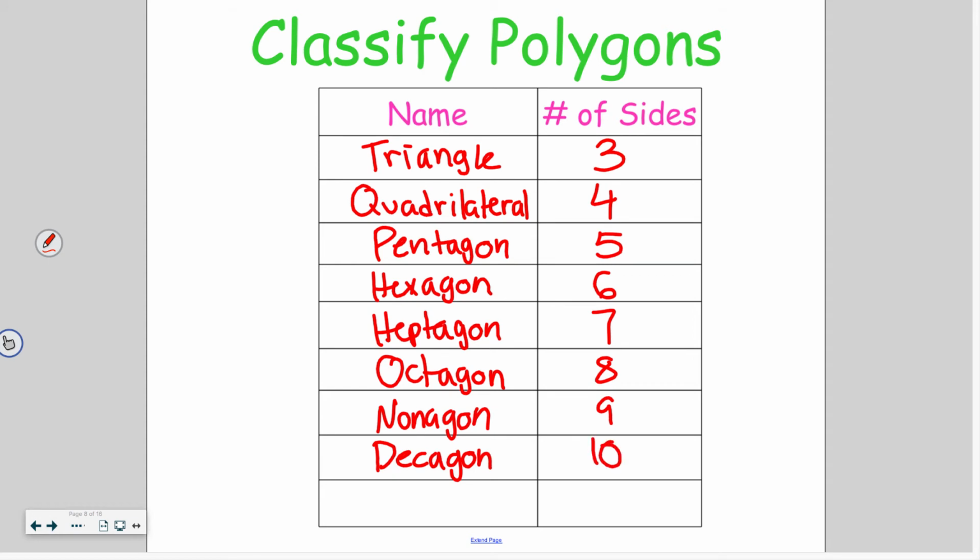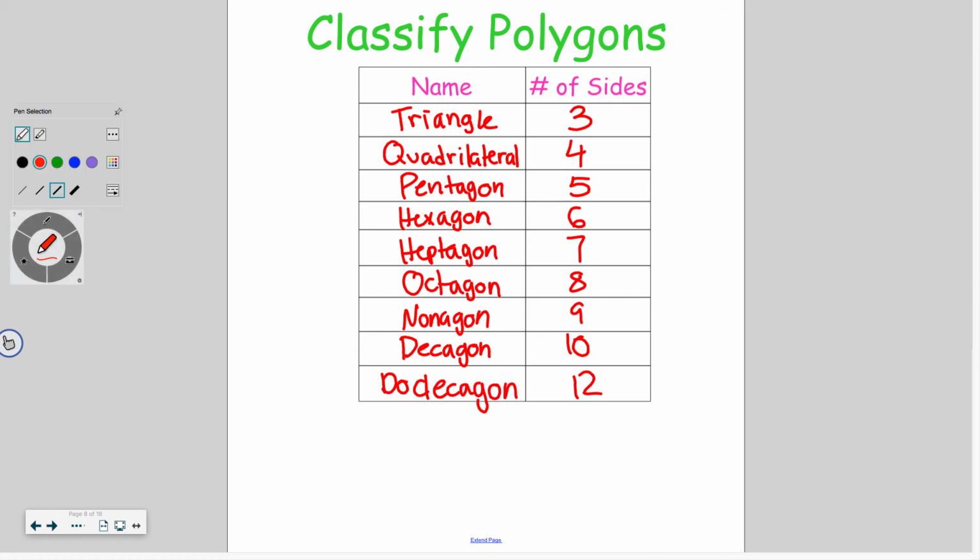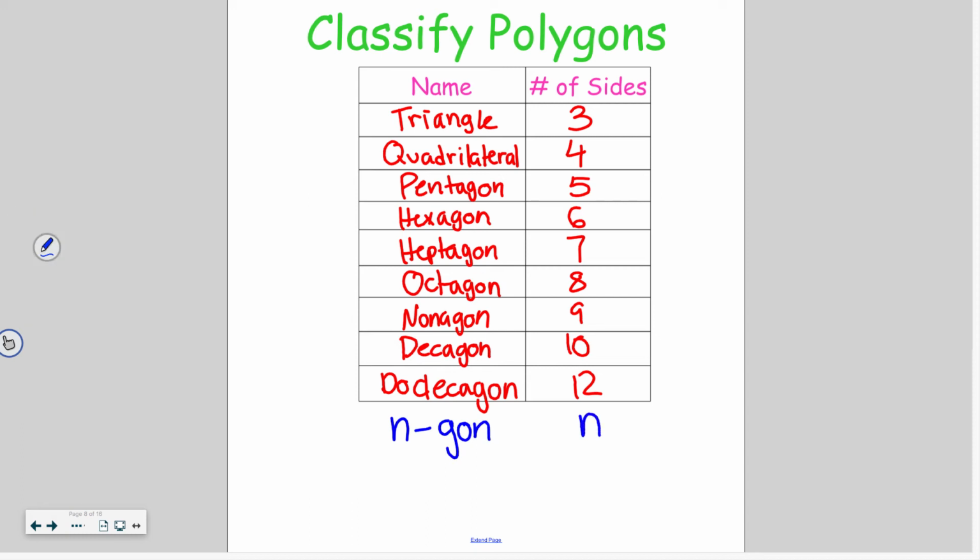I'm not sure why they skipped 11 when they were giving them names, but then we jump to 12 and we call it a dodecagon, and that has 12 sides. If it's anything more than 12, we simply refer to it as an n-gon, and that has n number of sides. So if I said a 22-gon, it would have 22 sides.